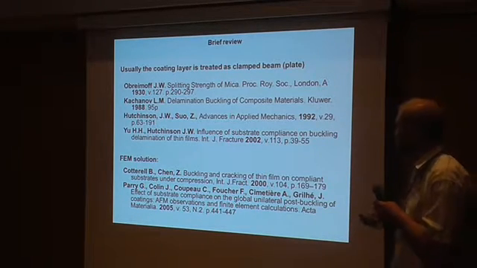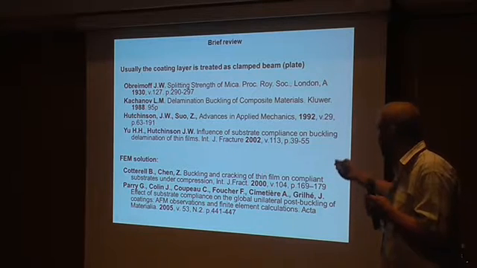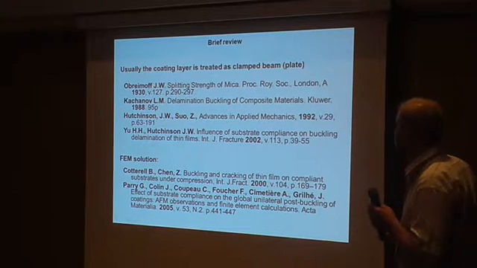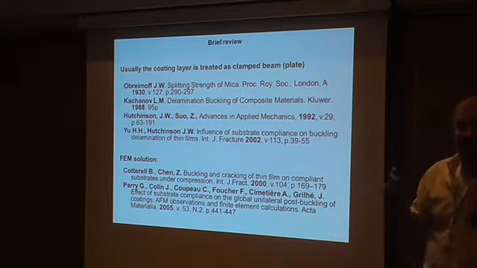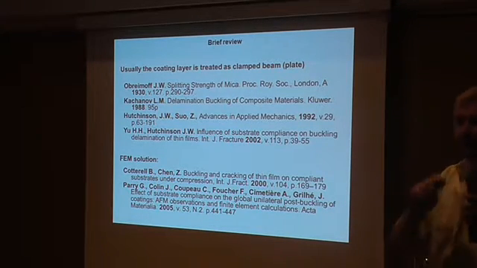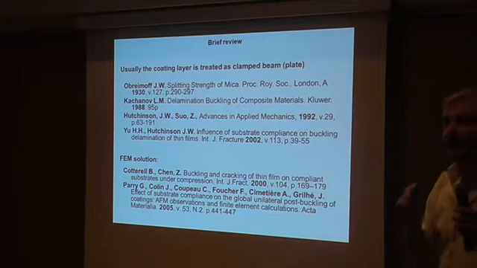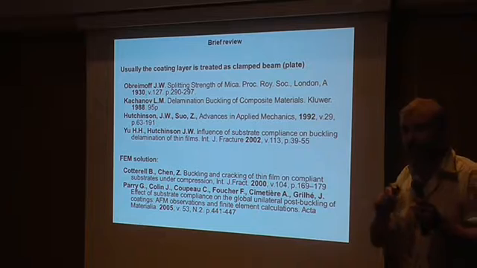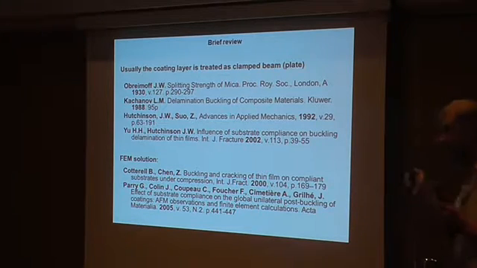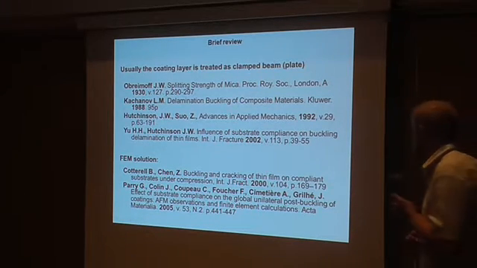Here is a very brief review of researchers who work on the subject. Usually, due to the difference between the layer's length and thickness, it's very attractive to use beam, plate, or shell theory to describe it, as was shown.